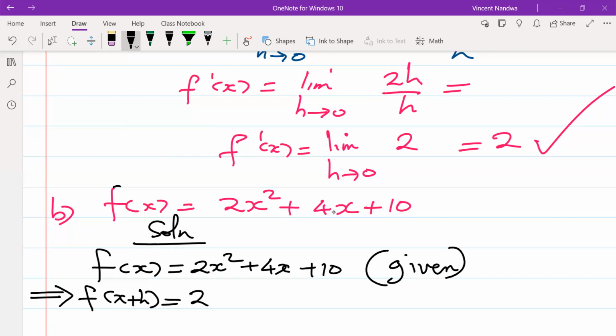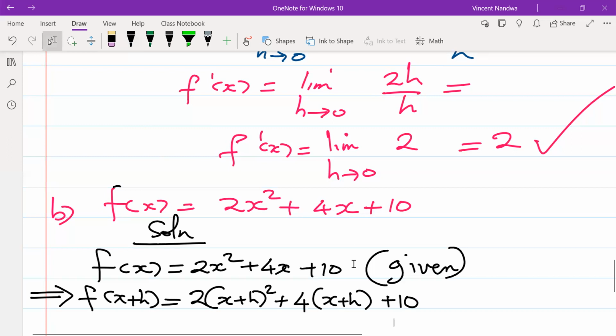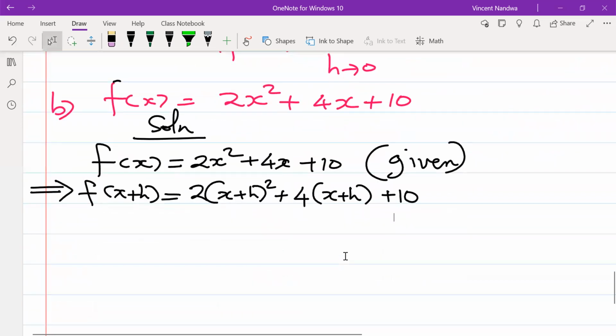So that's the first step. Replace, the role of x is taken by x plus h.